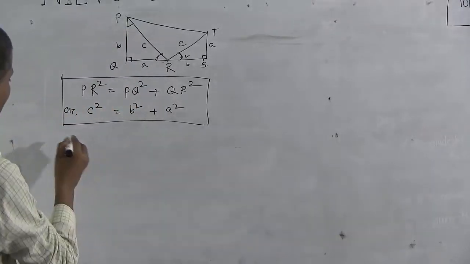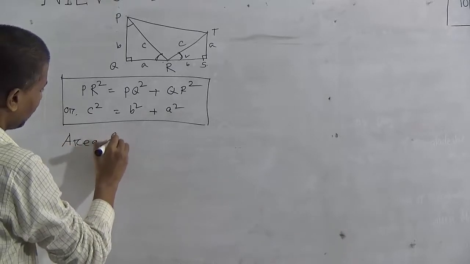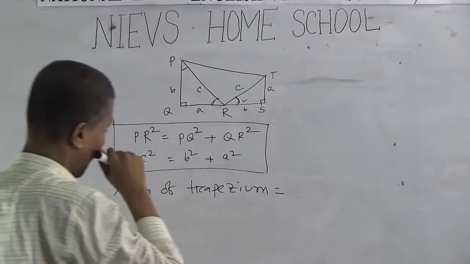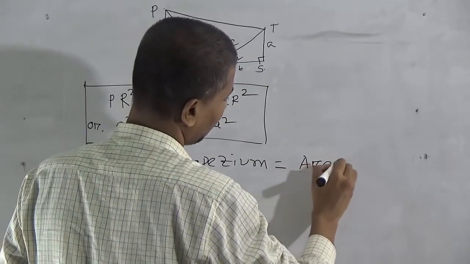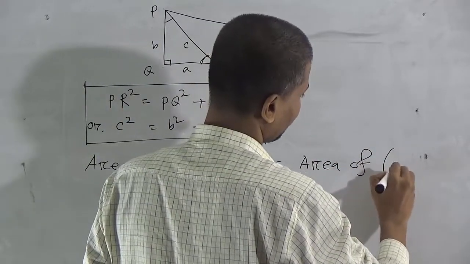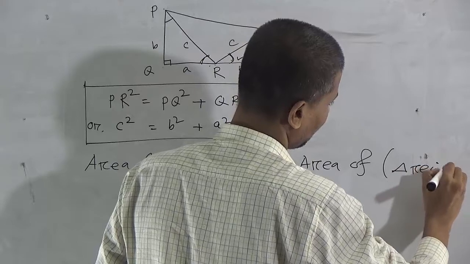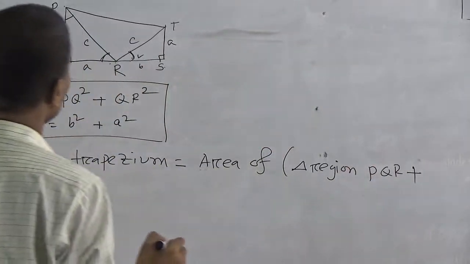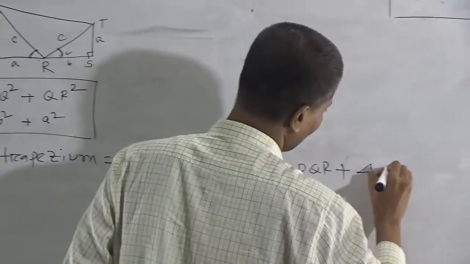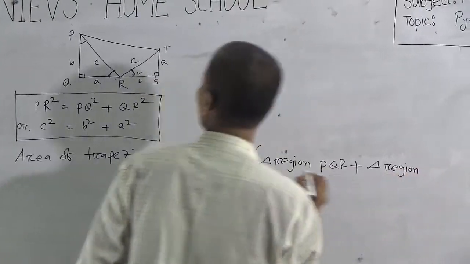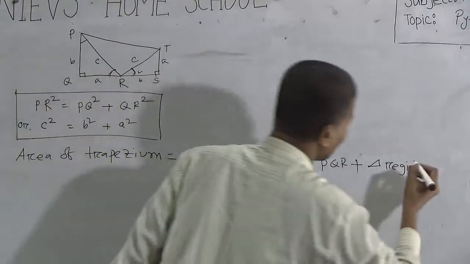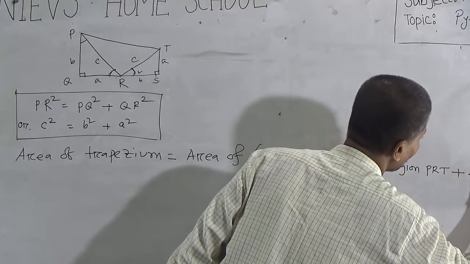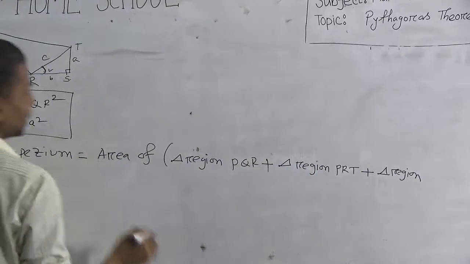Now, we know area of trapezium equal to area of region PQR plus region PRT plus region TRS.